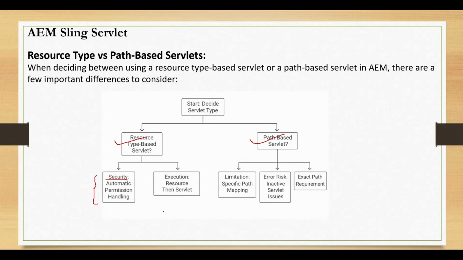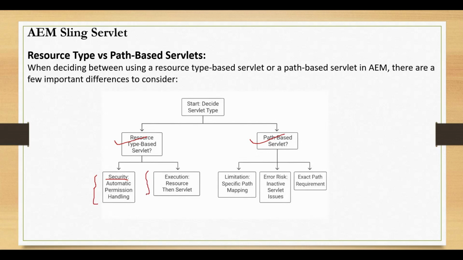The second one is that the execution is very structured here. Why is it structured? First we get the resource type, and based on the resource type we write the servlet, adding the resource type in the servlet, so it is a very structured manner.